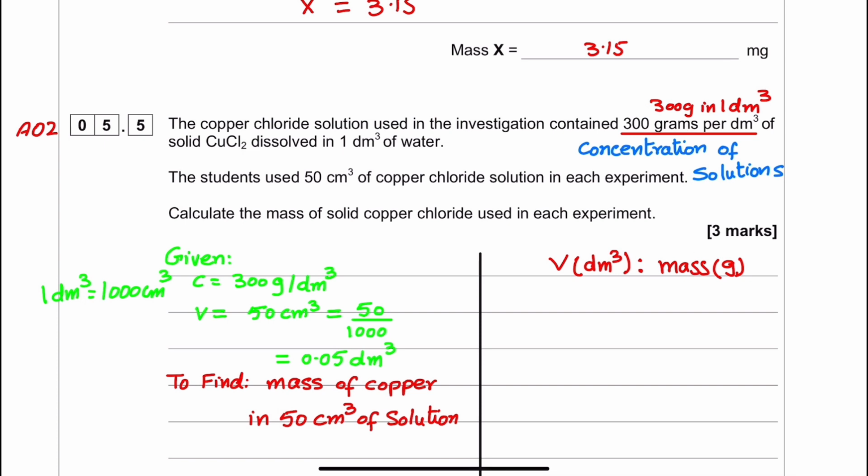So in 1 dm cube, we have 300 grams. The other volume which is given here, that is 0.05 dm cube, and how much mass is going to dissolve in 50 cm cube, that is unknown. So that unknown, I will use it as an x. So this x is going to multiply this side, and 0.05 is going to multiply with 300.